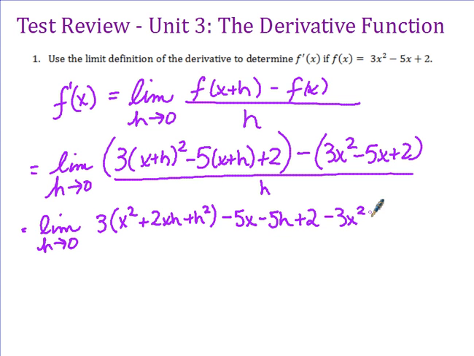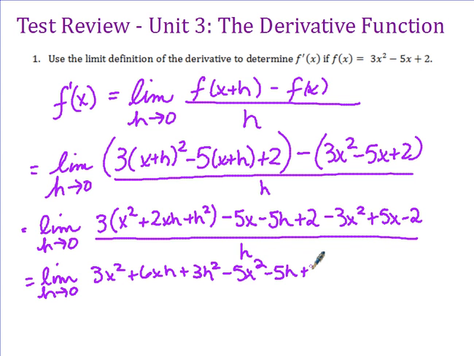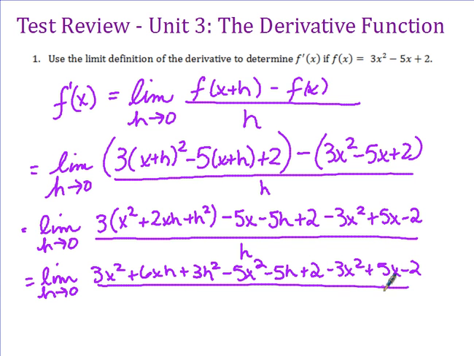Minus 3x squared plus 5x minus 2, all over h. In the next step, I'm going to distribute that 3. So we'll have 3x squared plus 6xh plus 3h squared minus 5x minus 5h plus 2 minus 3x squared plus 5x minus 2, all still over h.